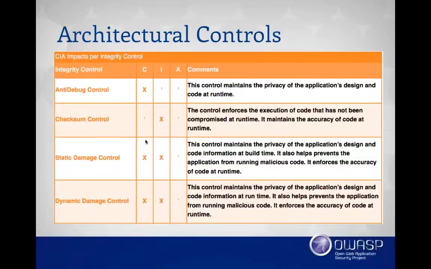Static damage is an interesting one. Static damage controls are a whole other host of issues. When we are building and compiling our application, we can pre-damage certain regions of the code or data that are sitting on disk. So when you're looking at the final binary, parts of the sensitive code will be replaced with garbage or whatever else you want, and the actual original correct part will be encrypted and sitting somewhere else within that binary.